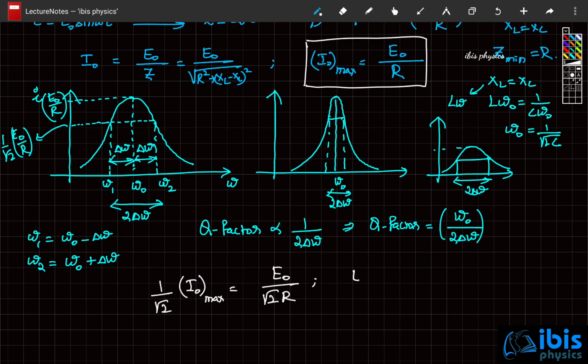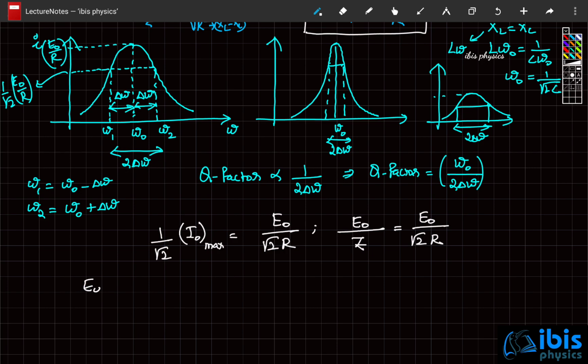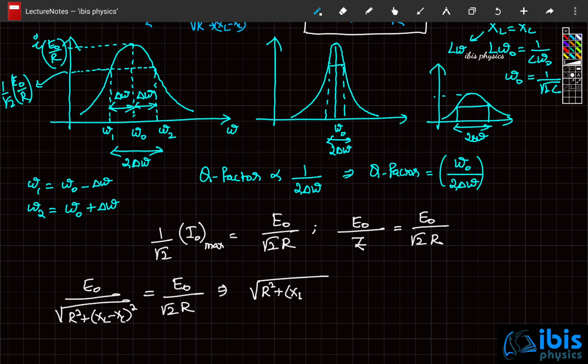That means E naught by Z must be equal to E naught by root 2 times R. So the square root of R square plus XL minus XC the whole square must be equal to root 2 times R.